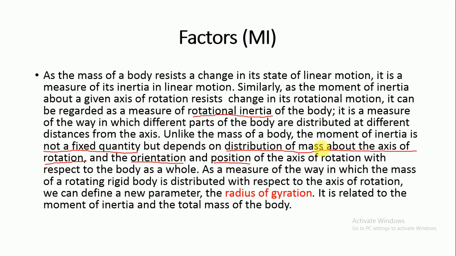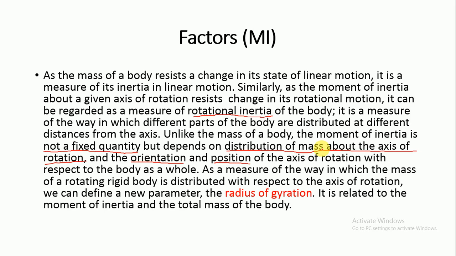But the moment of inertia would be different. If I am making a solid sphere, a hollow sphere, a disc, a ring or a rod, the moment of inertia would depend on how the mass is distributed.